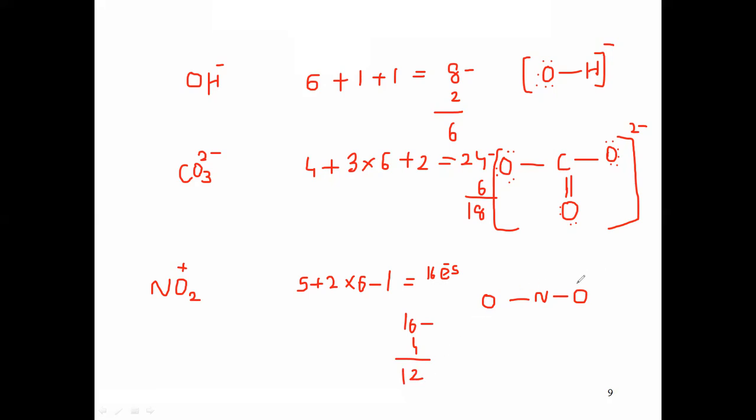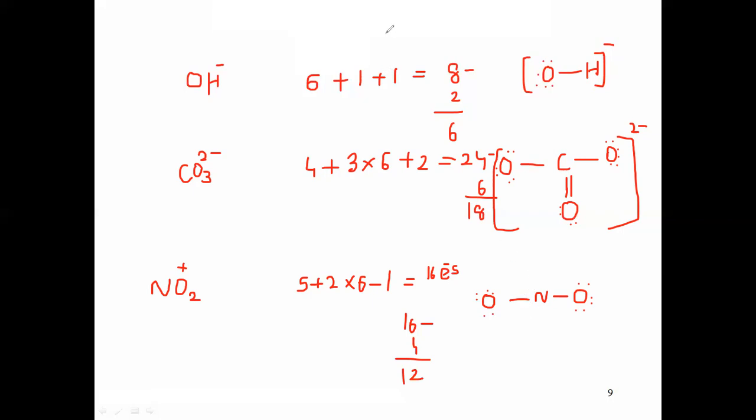So we will start with the atoms other than the central atom. 1, 2, 3, 4, 5, 6. 1, 2, 3, 4, 5, 6. So this 6 plus 2, 8. Here also 6 plus 2, 8. So oxygen completed its octet. But what about nitrogen? Nitrogen has only 4 electrons. Okay, it has not completed its octet.